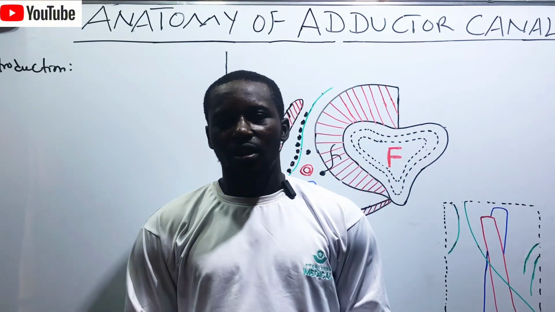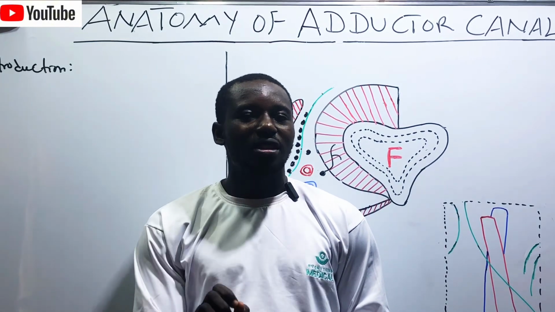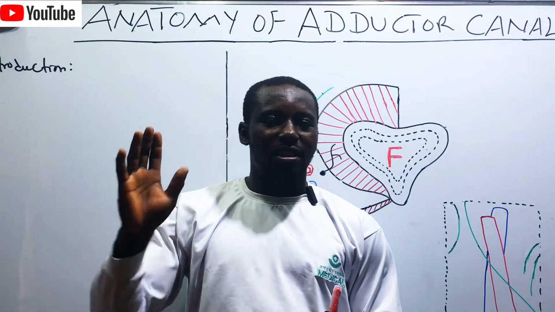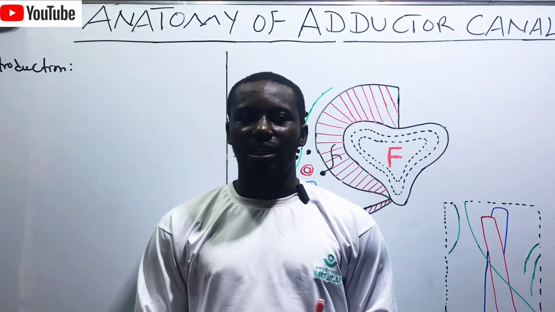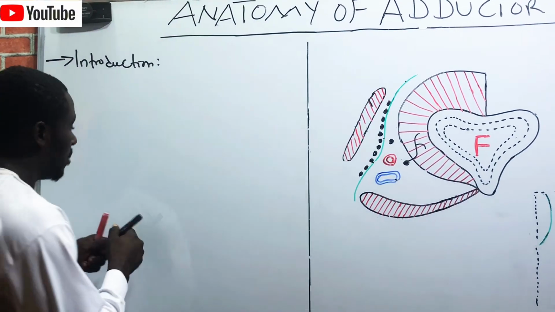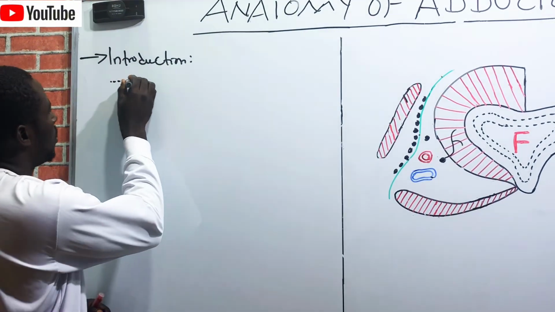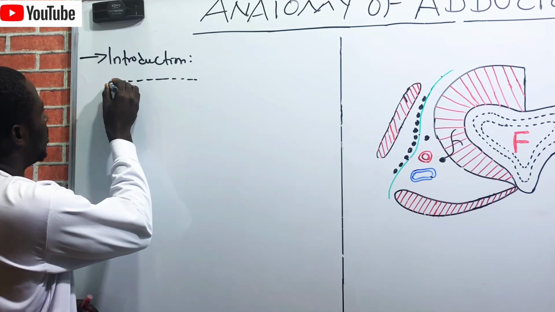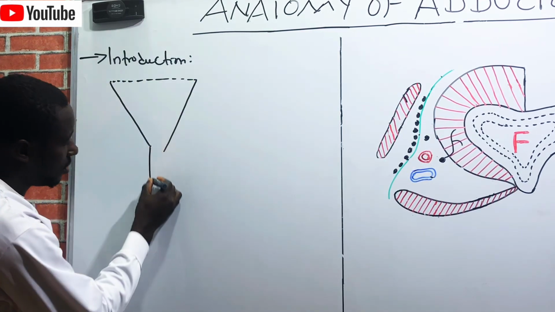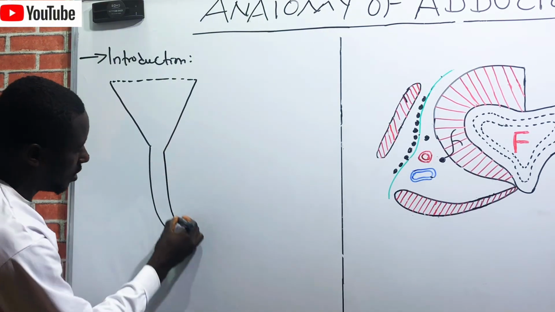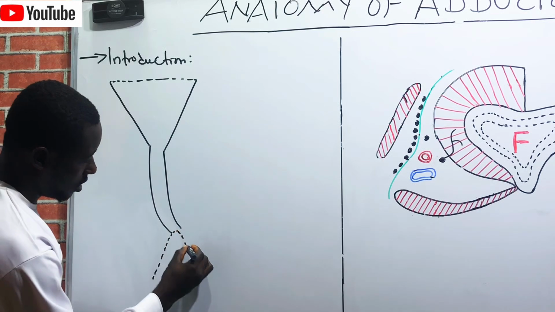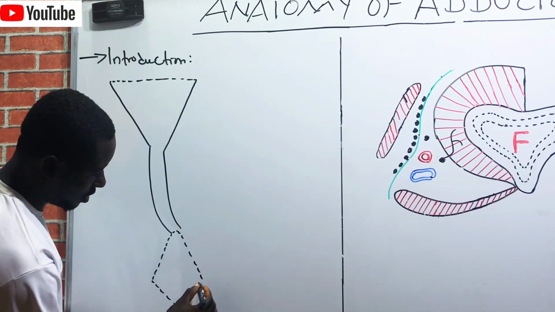That is the concept. So I'm going to give a little diagram illustrating how this tunnel runs from the Scarpa's triangle, that is the femoral triangle, down to the popliteal fossa. Here is the Scarpa's triangle. It goes this way. Here is the popliteal fossa.